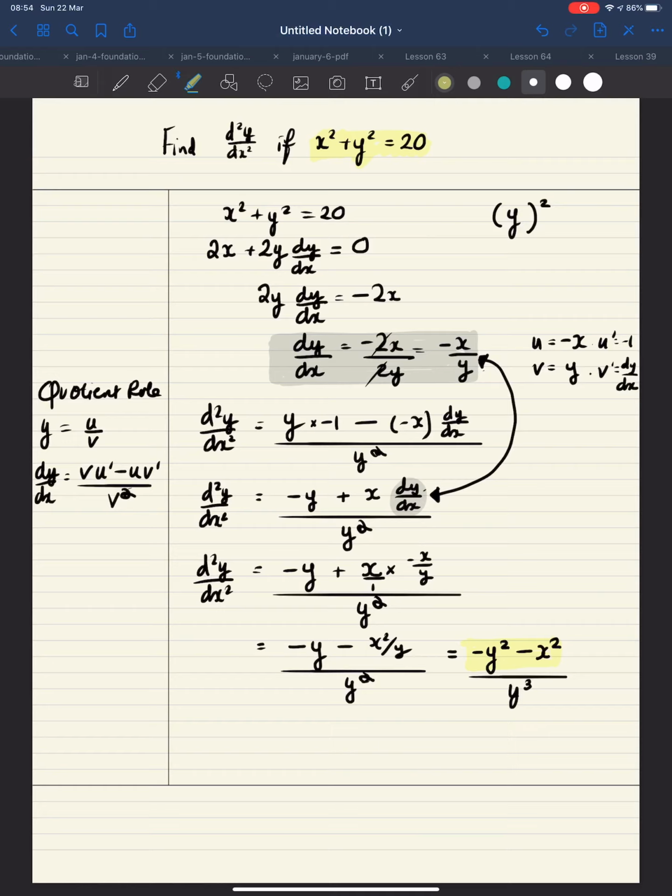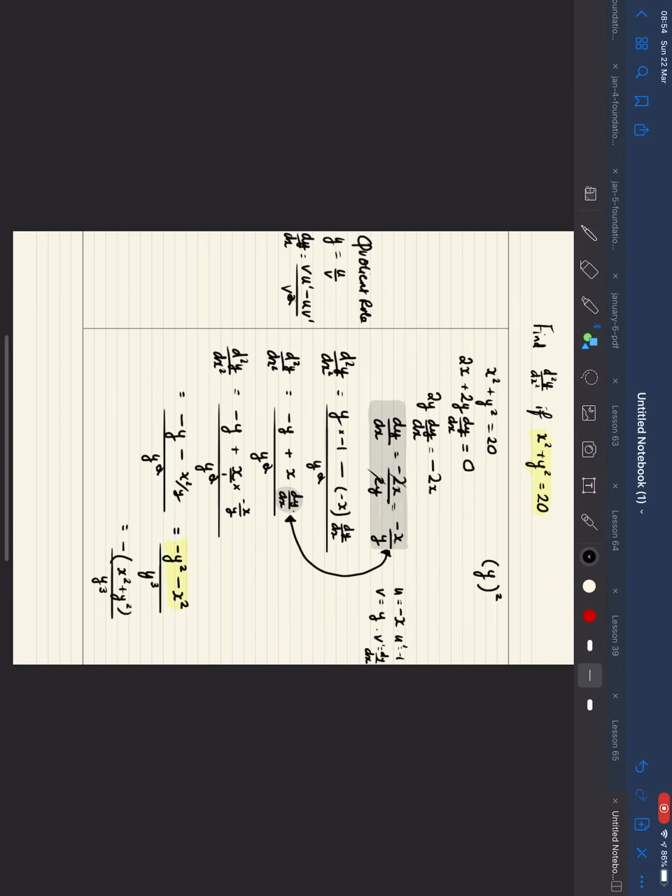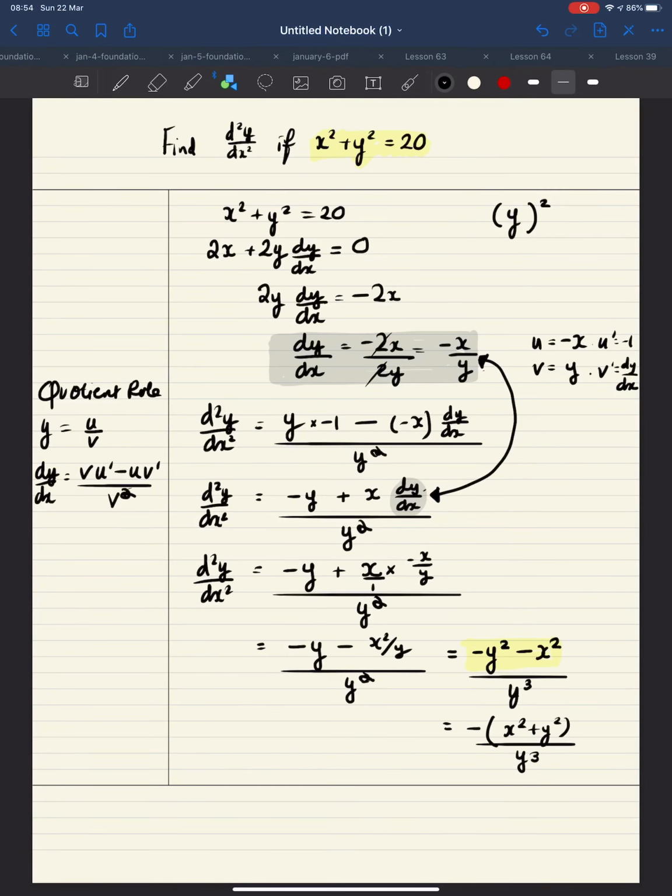So this is minus x squared plus y squared, divided by y cubed. And we get x squared plus y squared is 20. So this is minus 20 over y cubed.